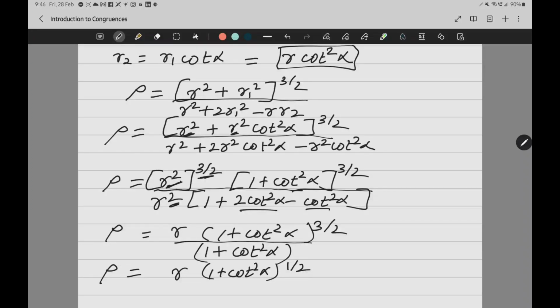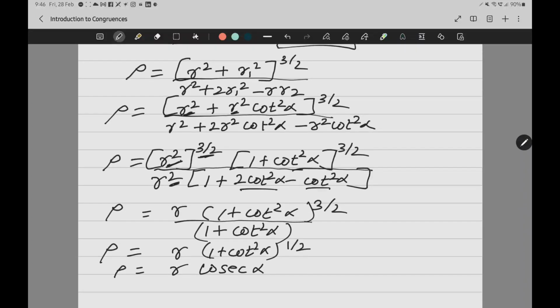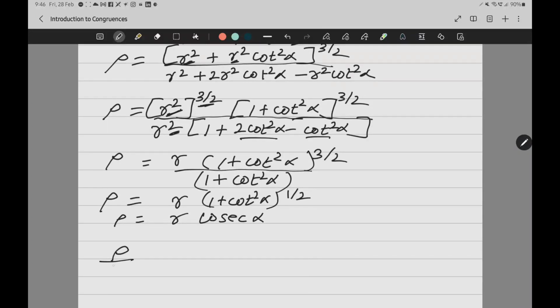Correct. And what is the value of 1 plus cot square alpha? Apply the trigonometric formula. So this will be cosec square. So rho is equal to R cosec square alpha, so square gets cancelled, only cosec alpha.